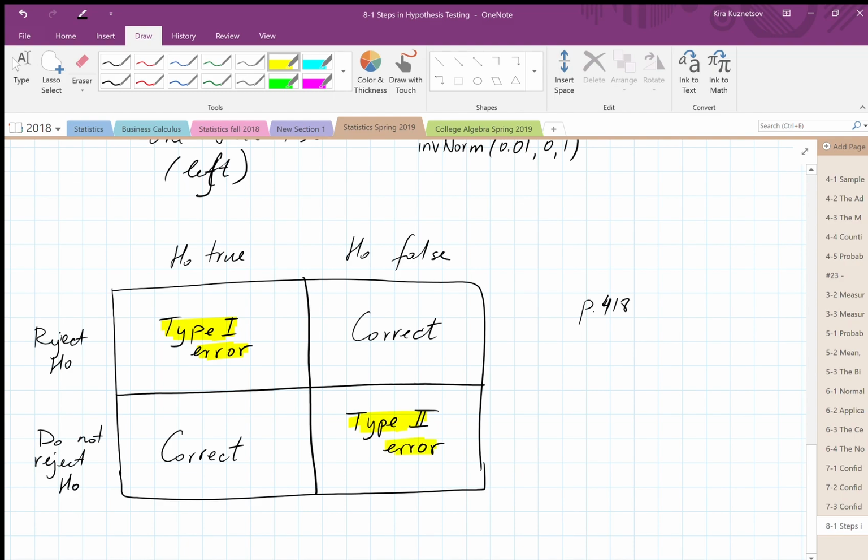Now, the severity of the errors depends on many things, but if you're interested in proving that there is no difference, so you want the null hypothesis to be true, a type 1 error will basically result in more testing. If you reject the null hypothesis, it says, no, I think it's still different, please do more testing.